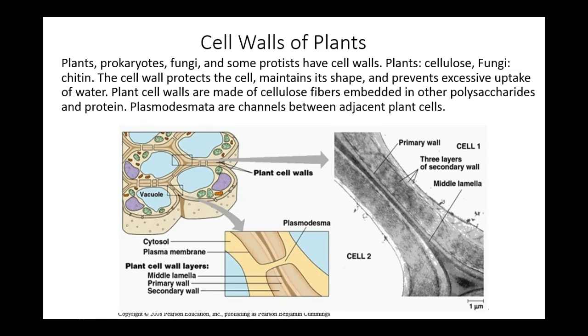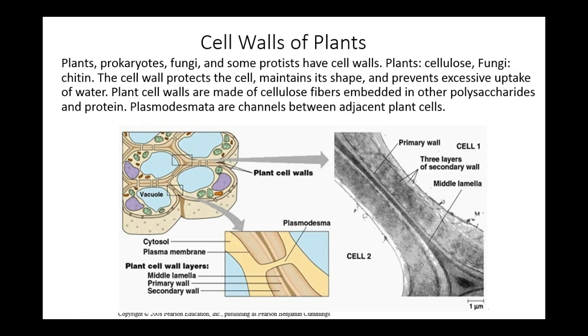The cell wall of a plant is different than an animal. The cell wall of the plant is made up of cellulose. Cellulose is microfibrils with a polysaccharide, again, which makes it very, very strong.